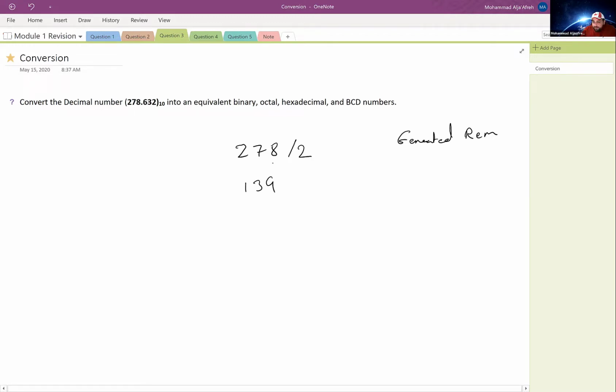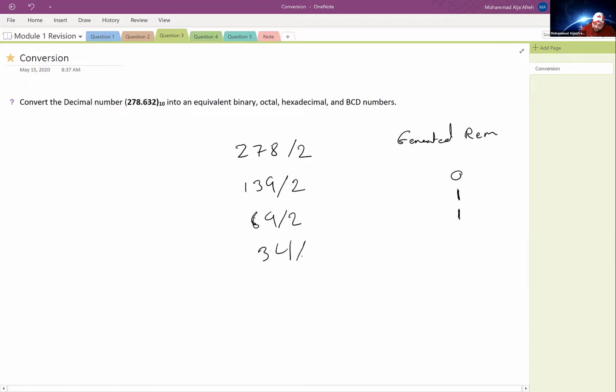This is an even number, and the remainder is 0. 139 divided by 2, this is an odd number, so it gives a remainder of 1 for sure. The quotient is 69. Again, keep dividing 69 by 2. The answer is 34, with a remainder of 1.